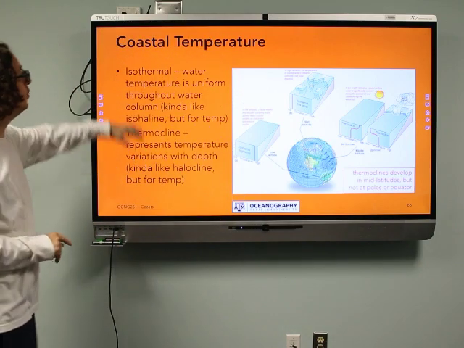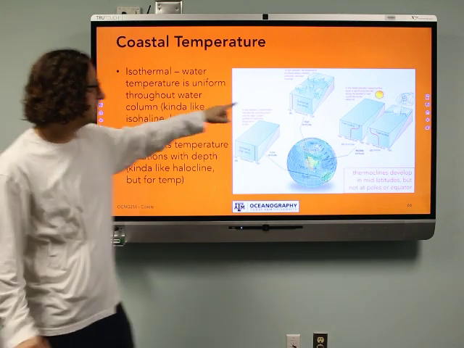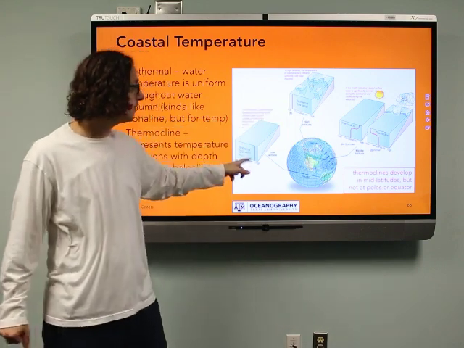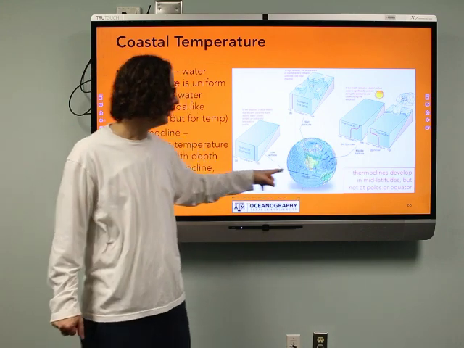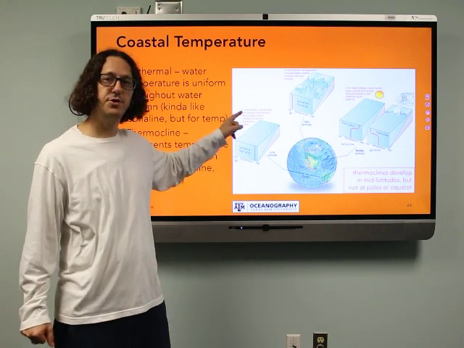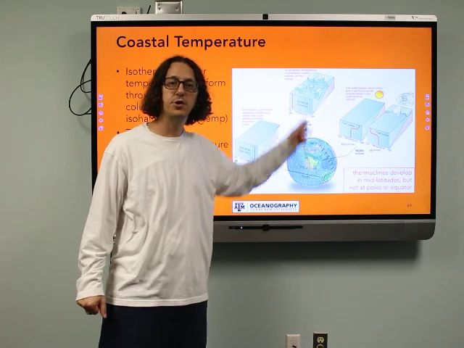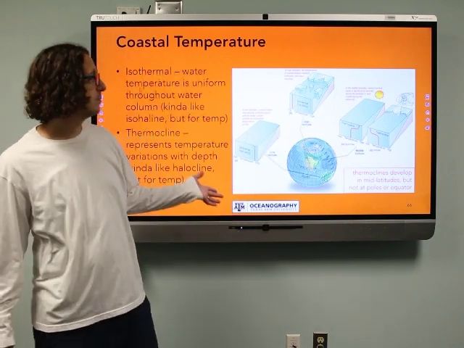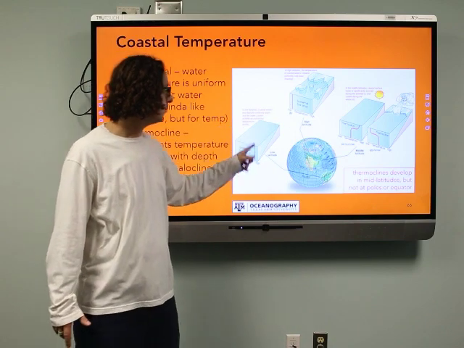So isothermal, the water temperature is uniform throughout the water column. It can be low or high. In the tropics, near the equator in particular, you're going to have higher isothermal temperatures in coastal waters, whereas in polar regions, you'll have lower temperature isothermal water conditions. Either way, pretty much the same temperature from top of the water to the bottom.